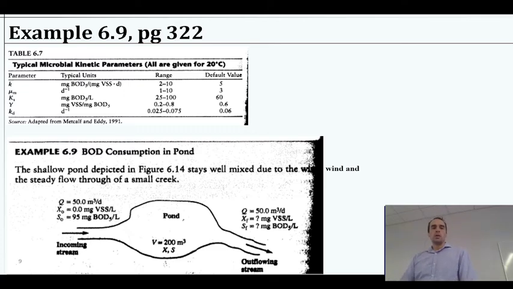So we'll take a look at the problem text in a moment, but real quick, we have a table of parameters that are given. So if you need to know the units for these, the k, the mu max, the Ks, the Y, the kd, all of these are listed here with their units, and the range of typical values for these different parameters.